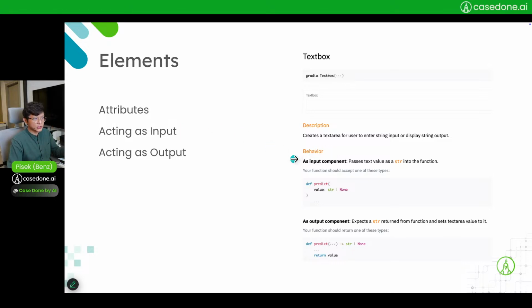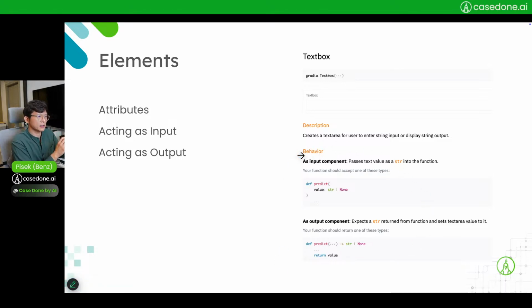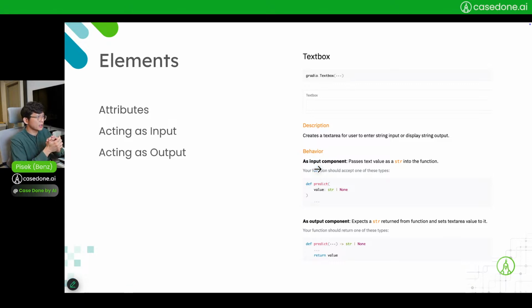And in the Gradio documentation, it has a description of what the value would be if the element acts as an input, or the value if it acts as an output. For example, if a text box is an input to a function, what you get from that is a string, right? But if a text box is an output from a function, it will be a string. So yeah, pretty much take a look at the behavior of the element in terms of being an input or being an output.